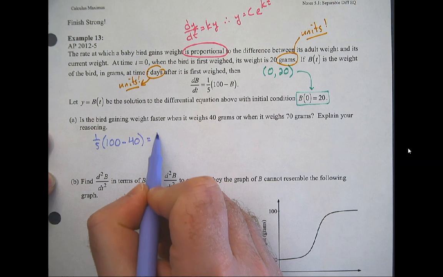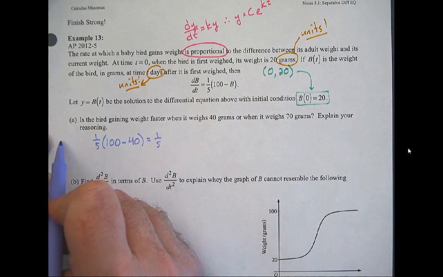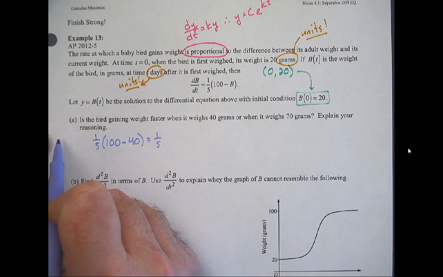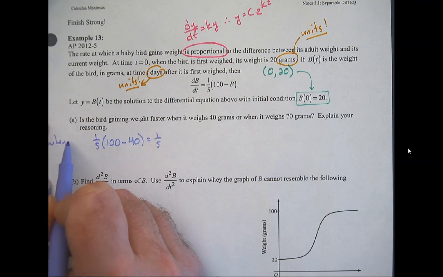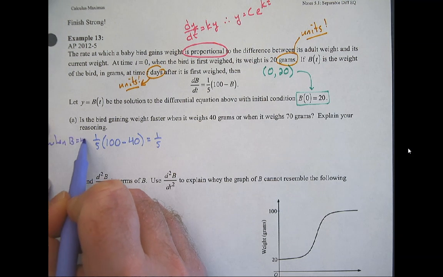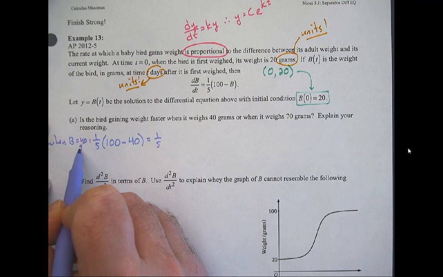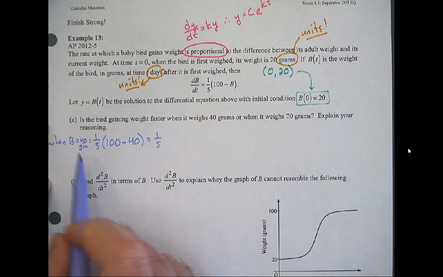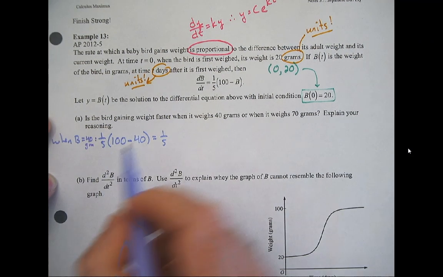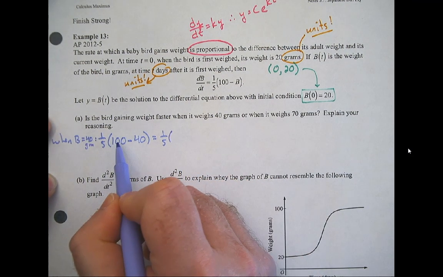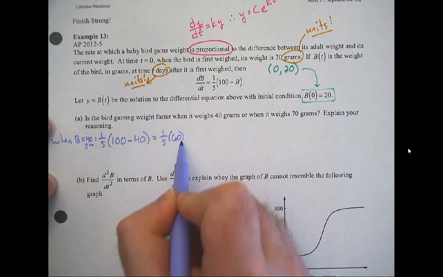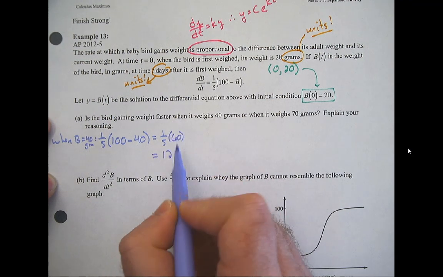What does B stand for? B is the weight of the bird. So when B equals 40 grams, I wish I would have written that a little nicer, but I didn't think of it until just now. 1/5 times 60, since 100 minus 40 is 60.